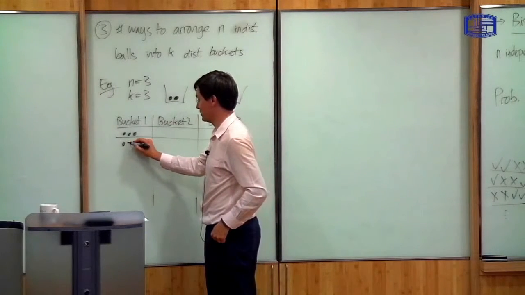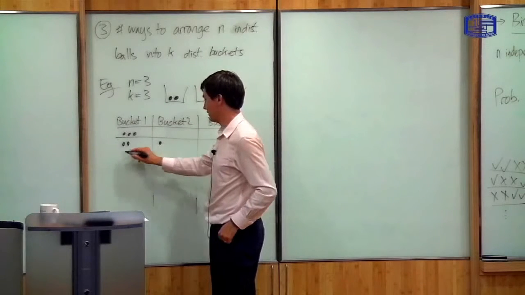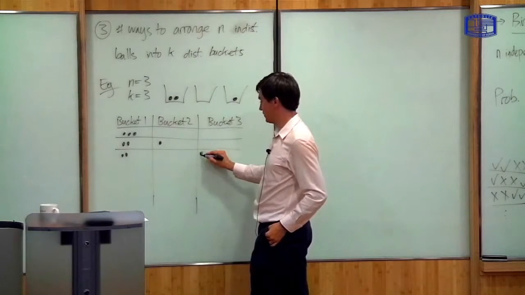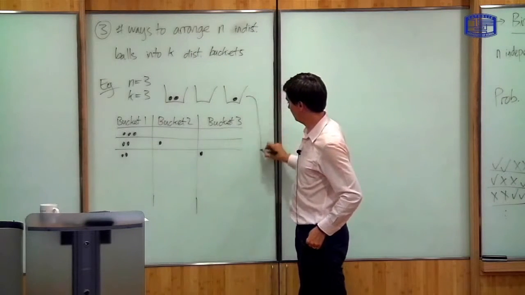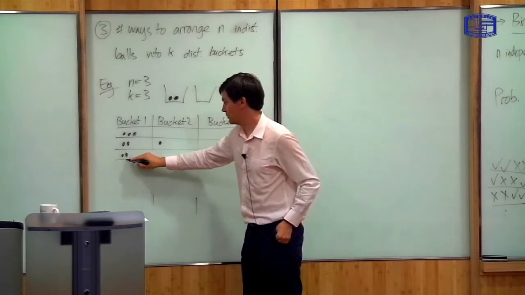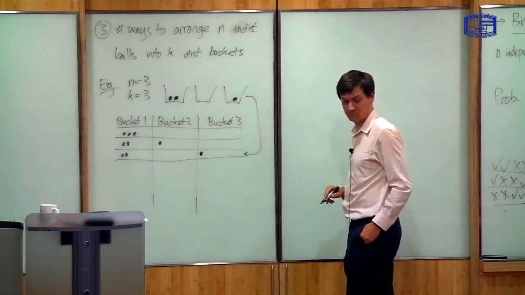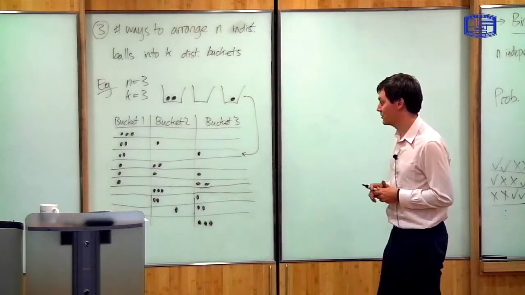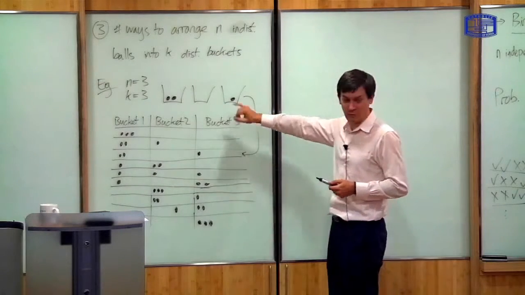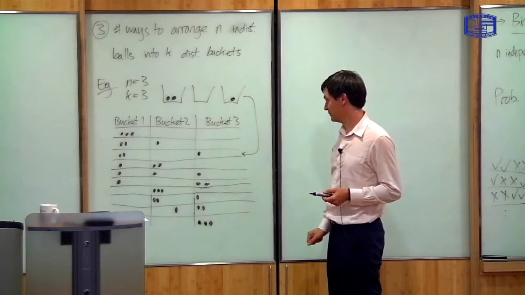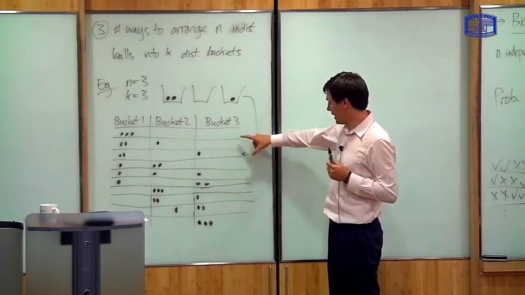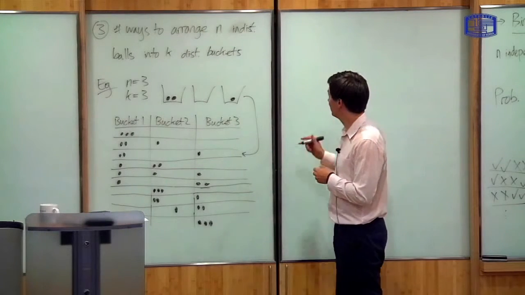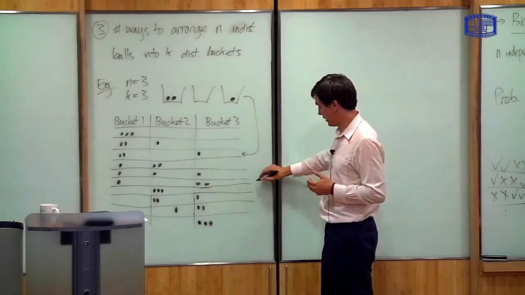So next, I can put 2 balls in the first bucket, 1 ball in the second bucket. That's another way. So I can put 2 balls in the first bucket and 1 ball in the last bucket. That's this case. Hopefully you'll agree, this is all the ways of putting those balls into those buckets. And if you count them, you find that you've got 1, 2, 3, 4, 5, 6, 7, 8, 9, 10. So again, in this case, you get 10 ways.